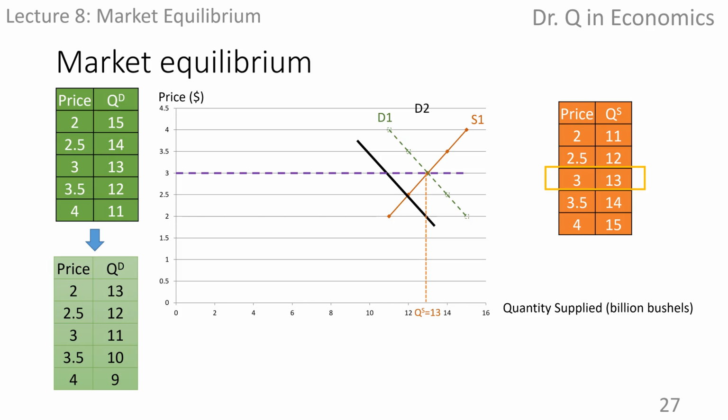At the price of $3, the quantity demanded has to be found at a new demand curve, which is 11. The quantity wanted to be and able to be purchased by consumers, 11, is smaller than the amount willing to be supplied by sellers, 13. This gap is a surplus, and it equals 2 billion bushels.